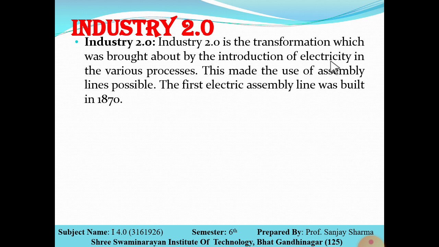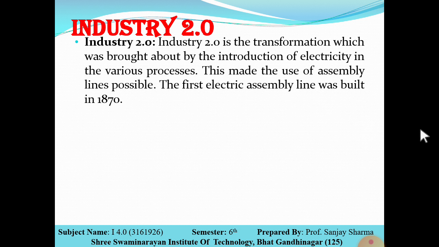Whatever the machines we have, all those machines were powered with electricity. So now the use of steam has been obsoleted, and slowly all our machines, which are manually operated, were having the prime mover and electricity as a source of running that.